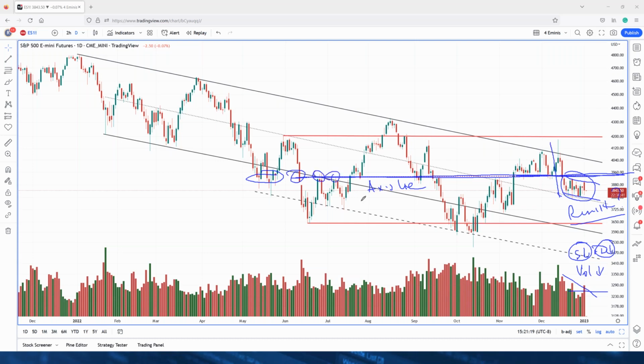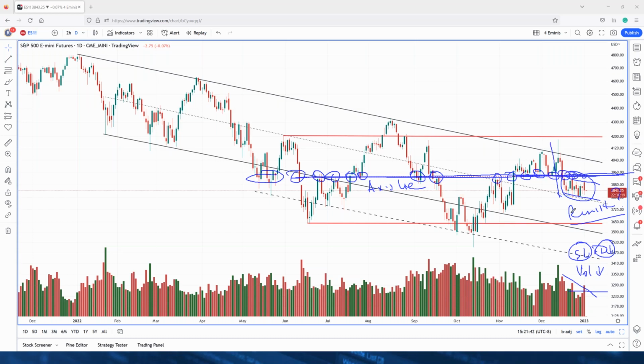Look at the attempts to overcome this, testing it, touching it at the support, breaking it down again, touching it again, attempting to overcome, support, breaking through, and then attempts to retouch it again.